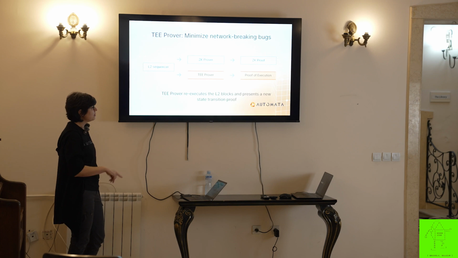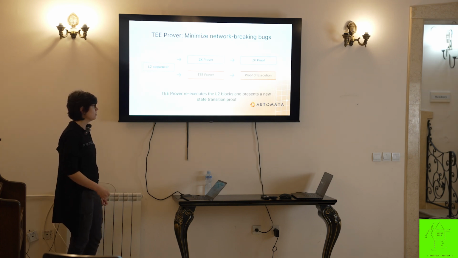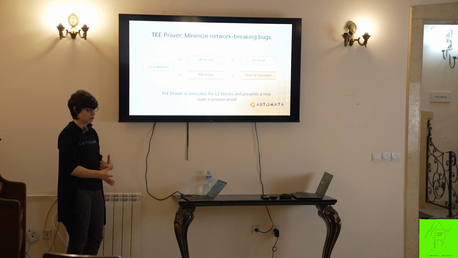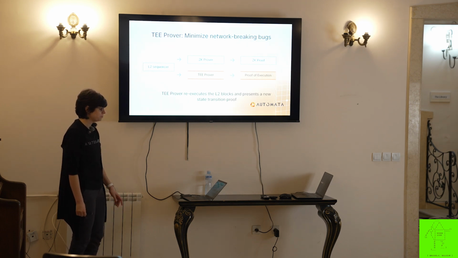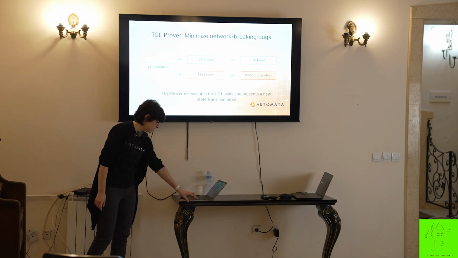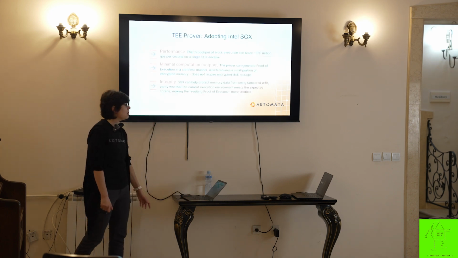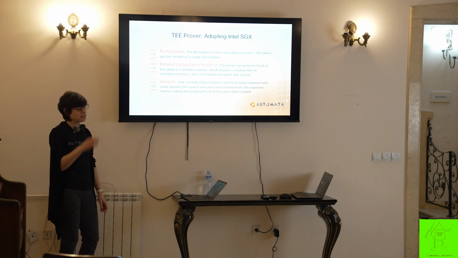And if the ZK proof produced by the ZK prover and the proof of execution produced by the TEE prover agree on what the state transition is for the rollup, that means the state transition is correct and we can accept it. For the TEE prover, we use Intel SGX.